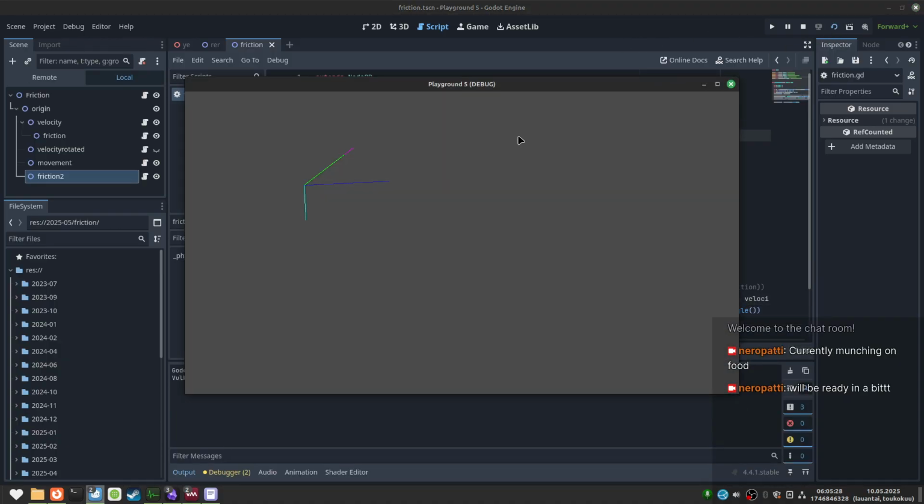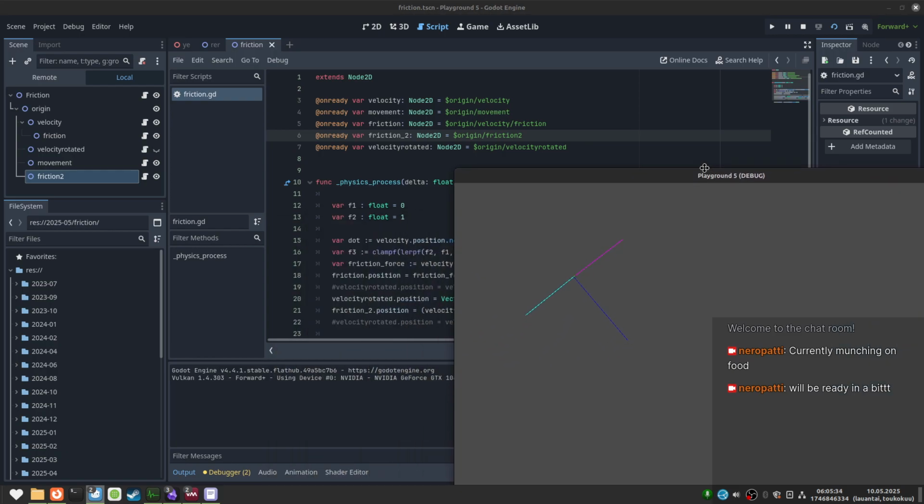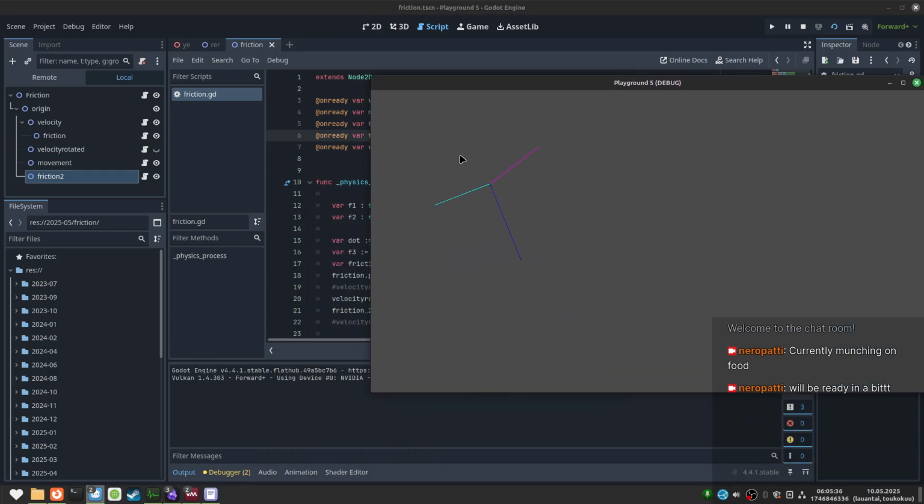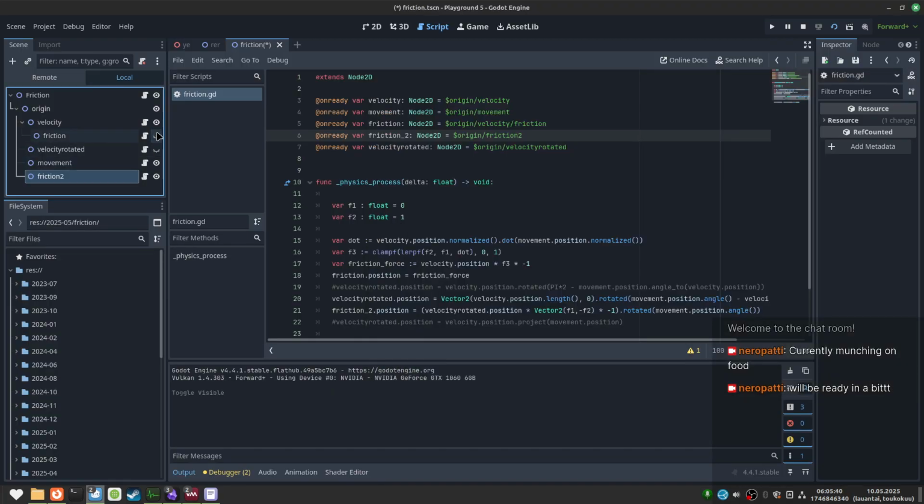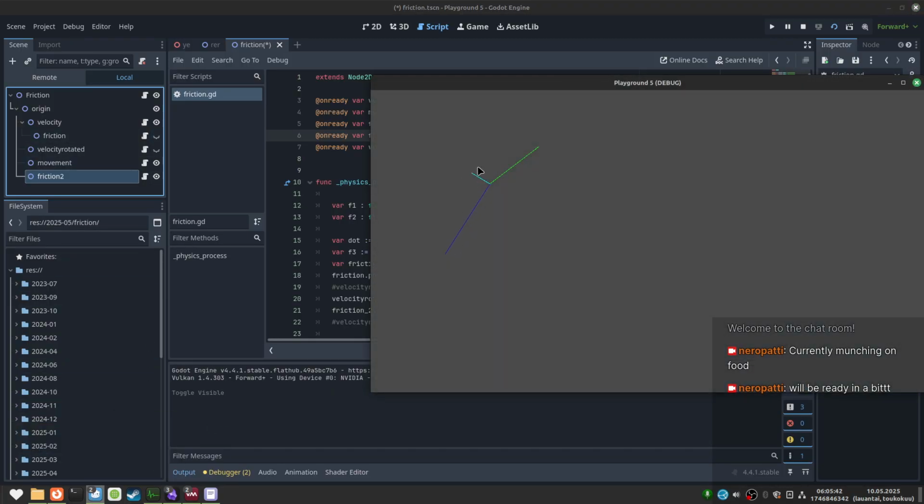Anyway, so right here I'm taking the velocity. Also, let me hide the first friction thing. It's in the way. So the green line is the velocity. The blue line is the movement direction that we want to move in.